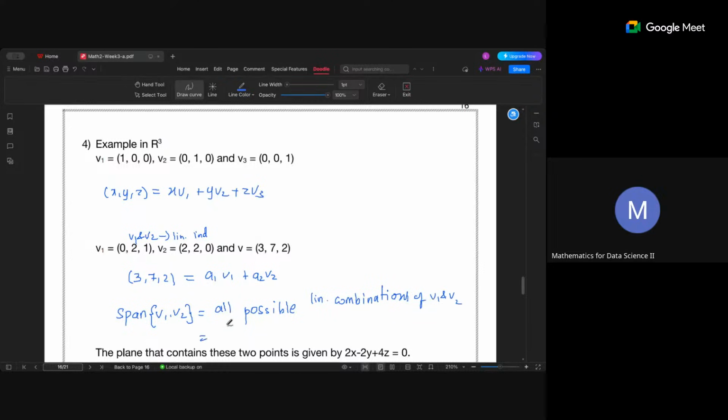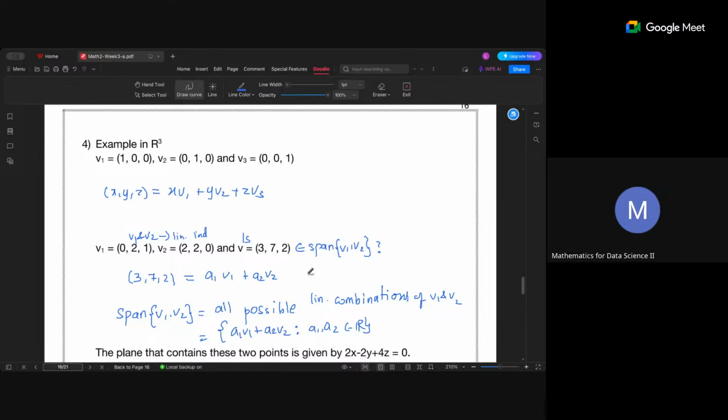So it is the set of all a1 V1 plus a2 V2 where a1 and a2 vary over R. Now you will be able to find a1 and a2 if V belongs to the span of V1, V2. For that you need to solve a system of linear equations and check whether it is there or not.